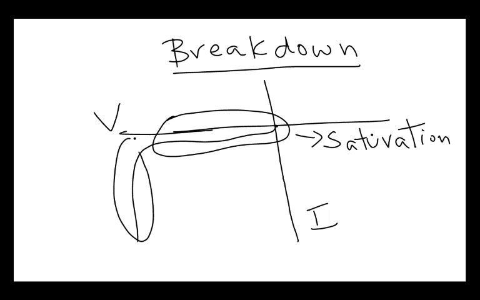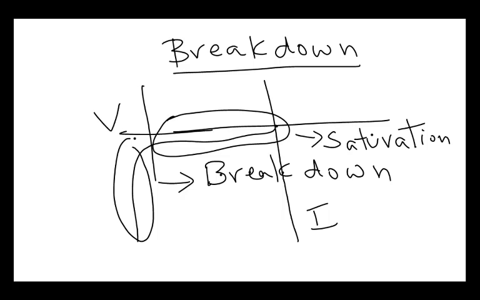And now in this session we will discuss this region, which is called the breakdown region, which occurs when the voltage crosses the breakdown voltage.